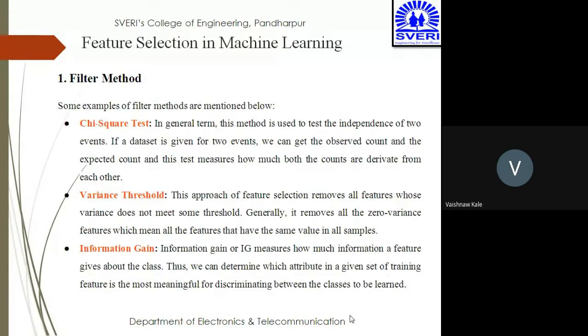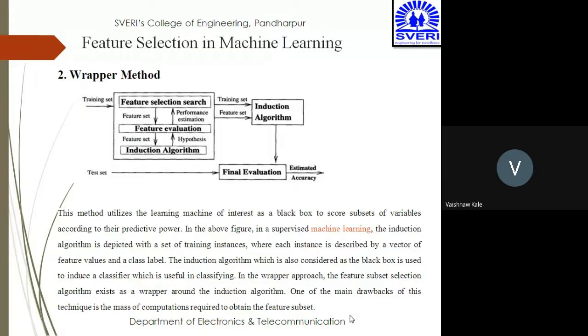There are 3 examples of filter methods: chi-square test, variance threshold, and information gain. Then the wrapper method. You can see that there is a training set and test set. For the training set, you have feature selection search, feature evaluation, and induction algorithm.